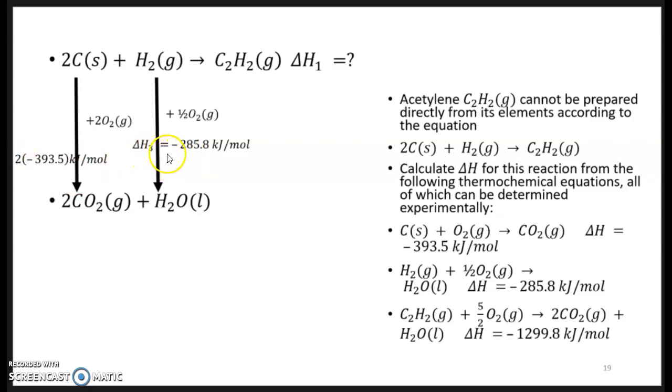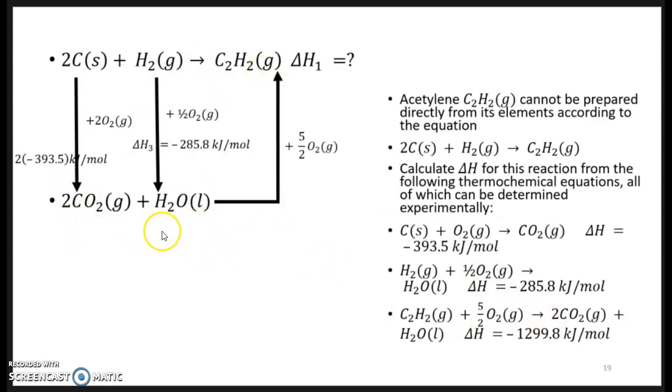So this is delta H3 for this reaction of H2 plus half O2 going to H2O liquid. That's minus 285.8. Notice that we did not multiply this by any factor because we used it exactly as it is. Now in the final step, we're given the conversion of C2H2 to carbon dioxide.